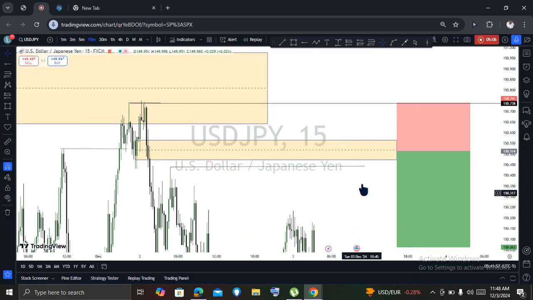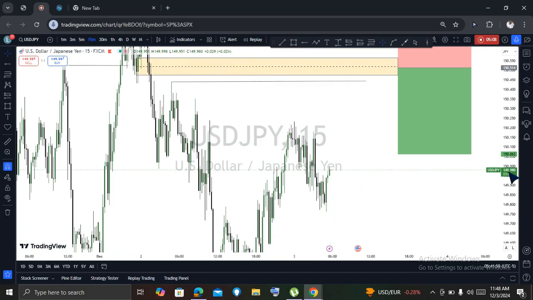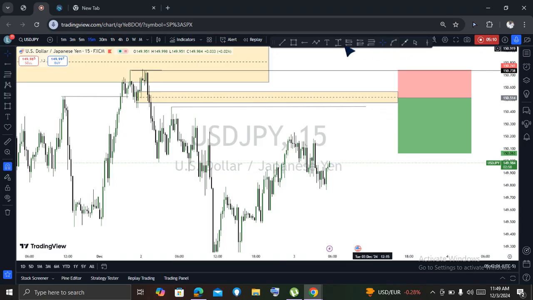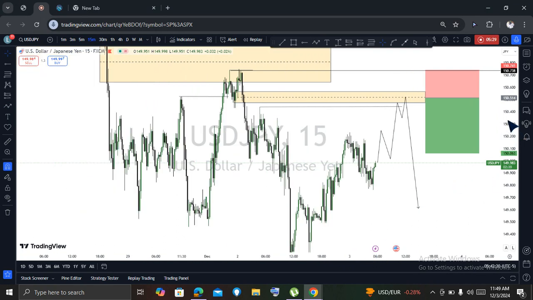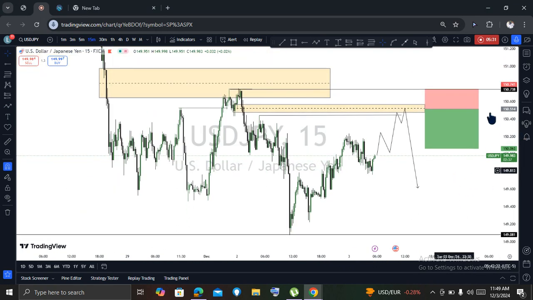And what I'm actually looking forward to is something like this: take the liquidity, inducement liquidity, tap into it, then boom. That's my forecast for this trade, and that's for USDJPY.